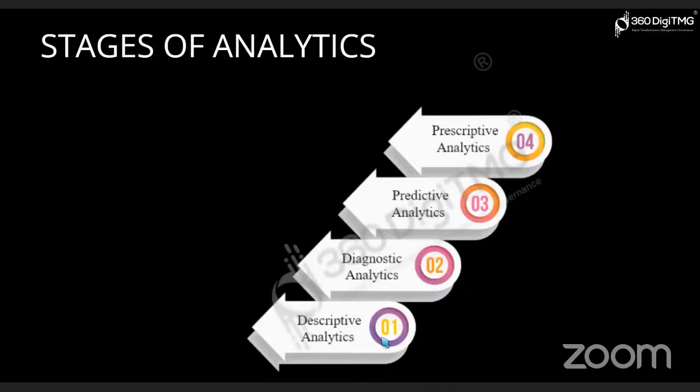The first stage of analytics is descriptive analytics. In this stage, we ask the question: what has happened? We look at historical data or prior data, and we analyze this and try to find what has happened.